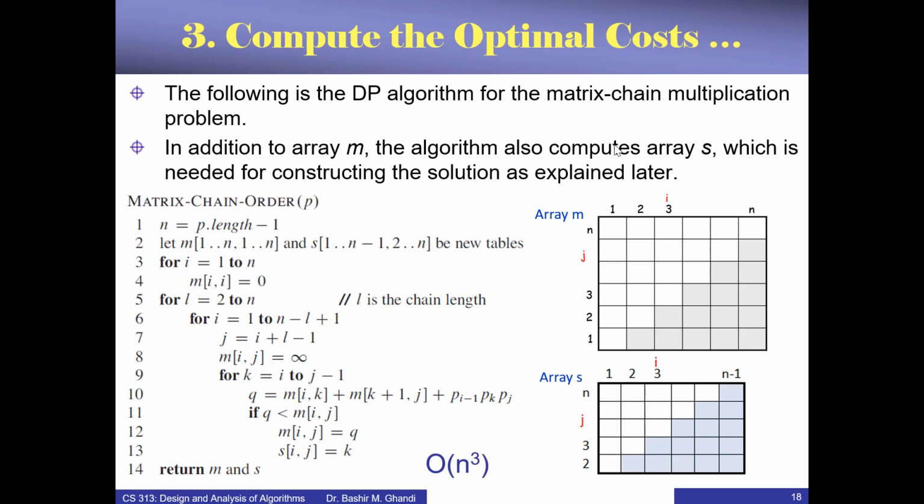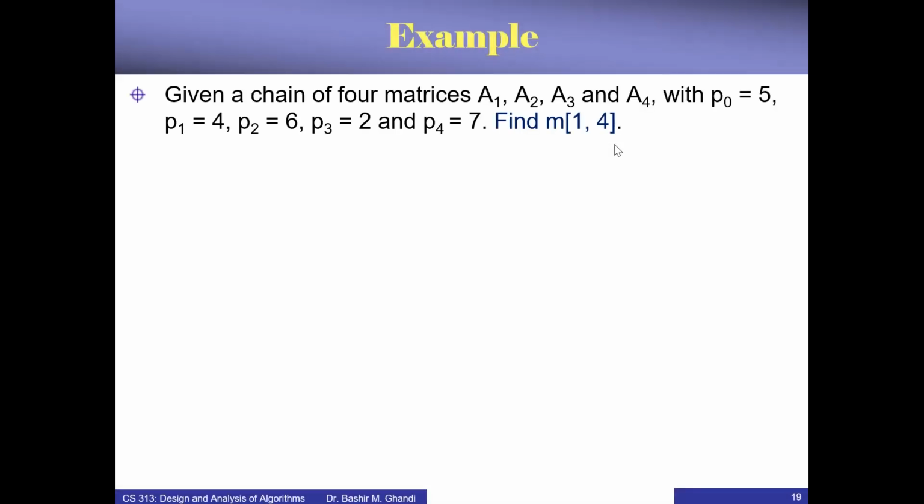Okay, in order to make this algorithm clearer, we are going to take a concrete example to see how it works. Suppose you are given a chain of 4 matrices A1, A2, A3, and A4 of dimensions P0 equal to 5, P1 equal to 4, P2 equal to 6, P3 equal to 2, and P4 equal to 7.